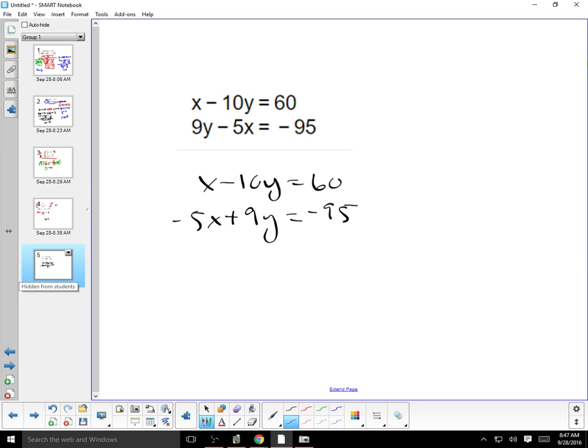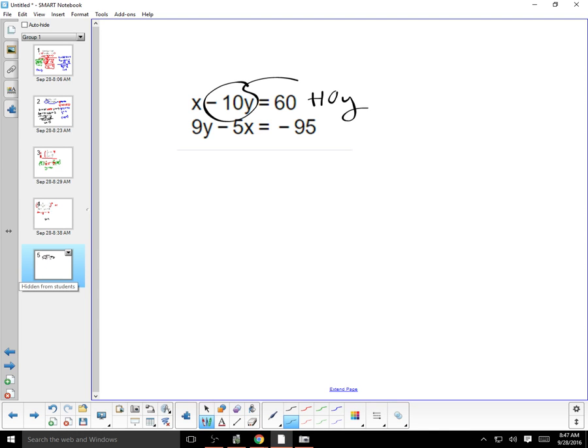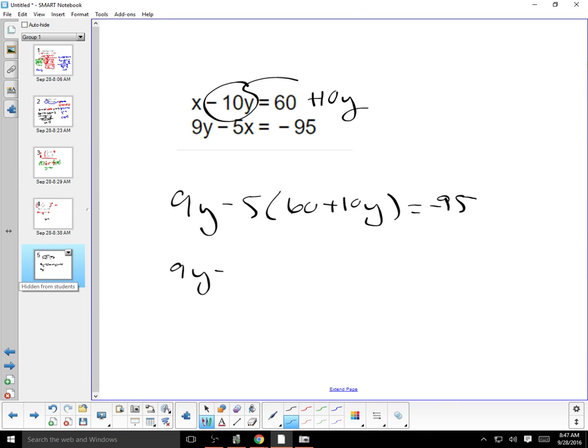So they were messing with you if you did the elimination method. If you were doing substitution, I don't think it would matter. Okay, so let's do substitution. I'm going to kick this over, so it becomes a positive 10y. So that means 9y minus 5 times 60 plus 10y is equal to negative 95. 9y minus, what is that, 300, minus 10y is equal to negative 95.